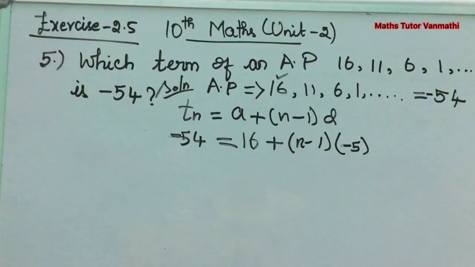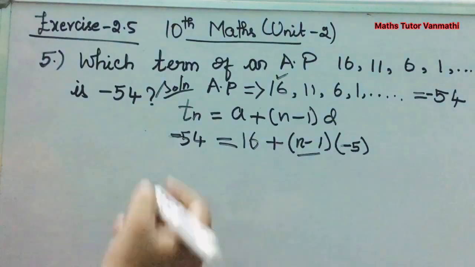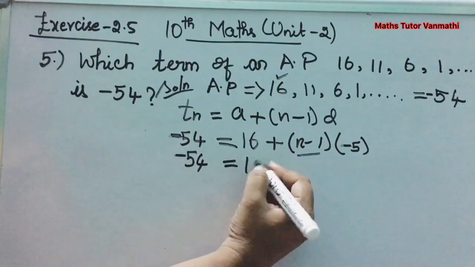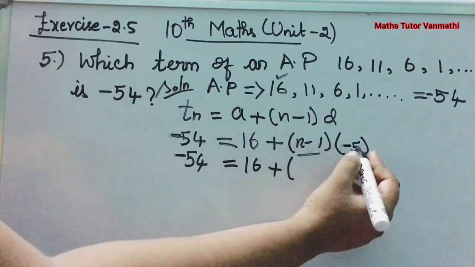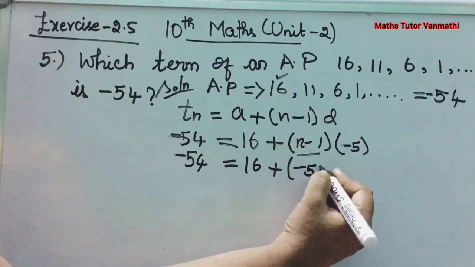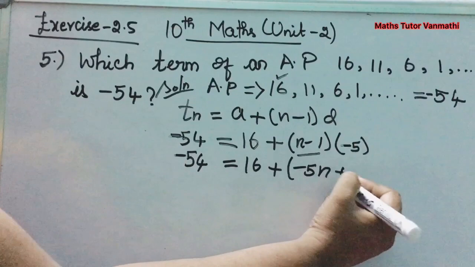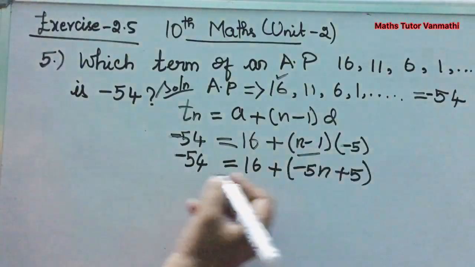Clear up to this? Next, what we are going to do is multiply this minus 5 throughout this term. You will get minus 54 equal to 16 plus 5 into n, 5n. Here you are getting minus, so minus 5n, minus into minus is plus, and this plus 5, 5 ones are 5.